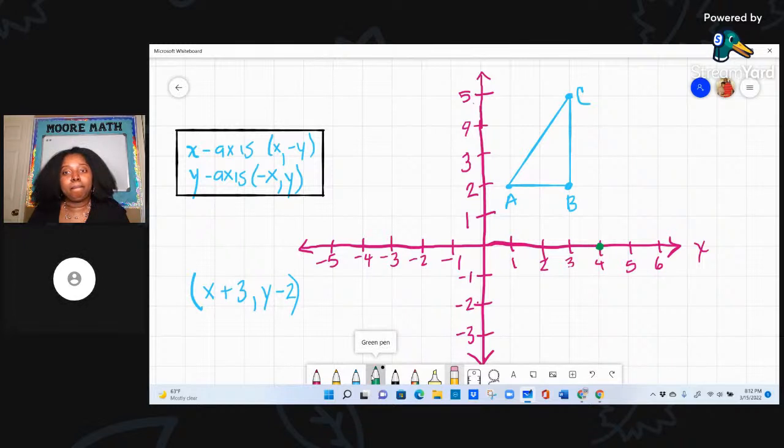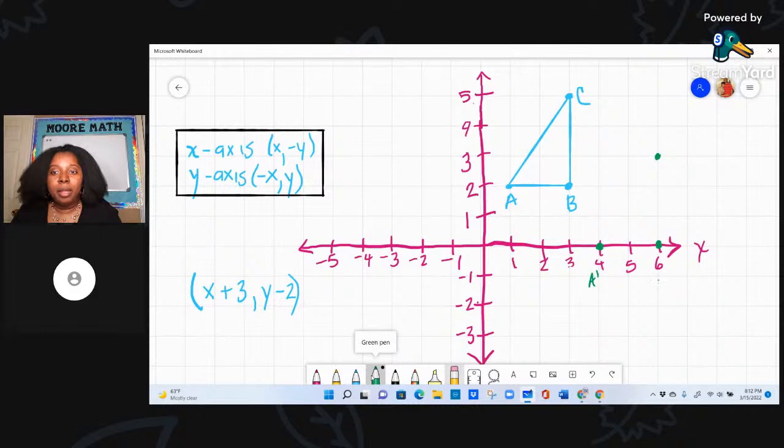B is 6, 0. 2 down. Yep. Good. And then C is 6, 3. Okay. 3 to the right, 2 down. That is correct. Nice job.